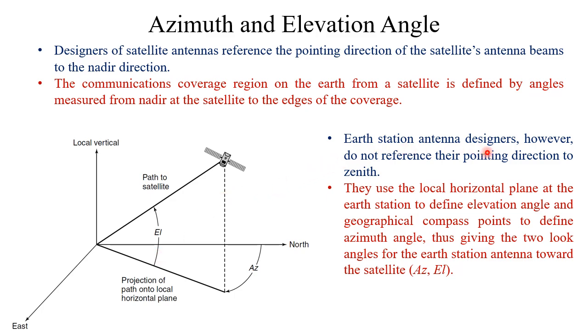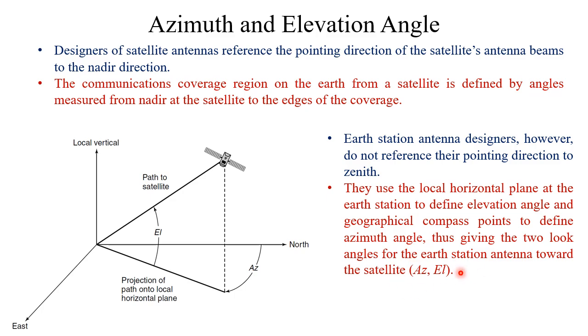Earth station antenna designers do not reference their pointing direction to zenith. They use the local horizon plane at the Earth station to define the elevation angle, and the geographic compass points to define the azimuth angle, thus giving the two look angles for the Earth station antenna towards the satellite. So AZ and EL, azimuth angle and elevation angle.